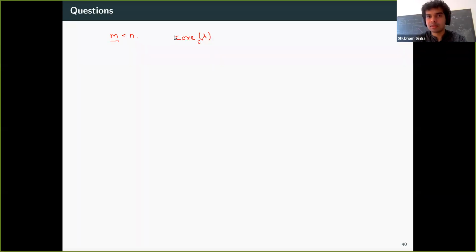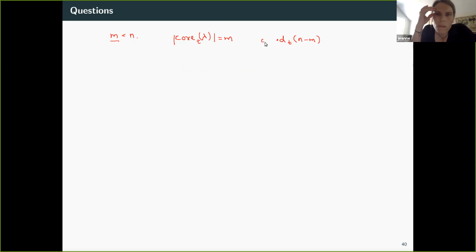I want the size of that to be M. Yeah, so when the size of this core is M, then the number of such things is given by this d_t, which is the number of t-divisible partitions of N minus M. Right, but you also get the number of cores of size M. Yes, so this is something which is coming from the partition division.